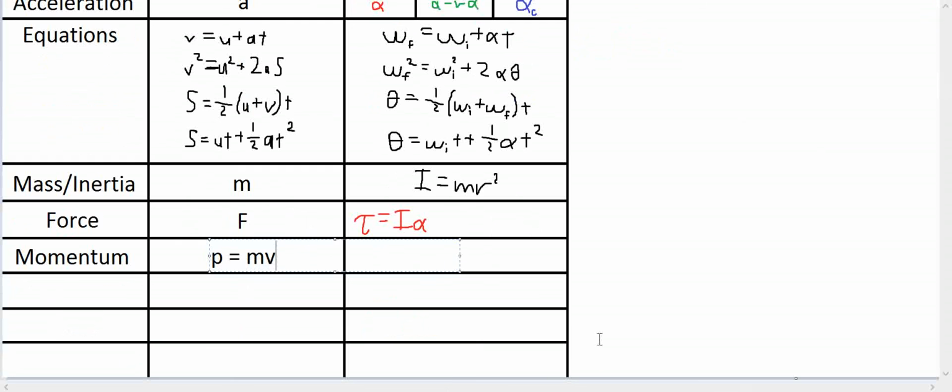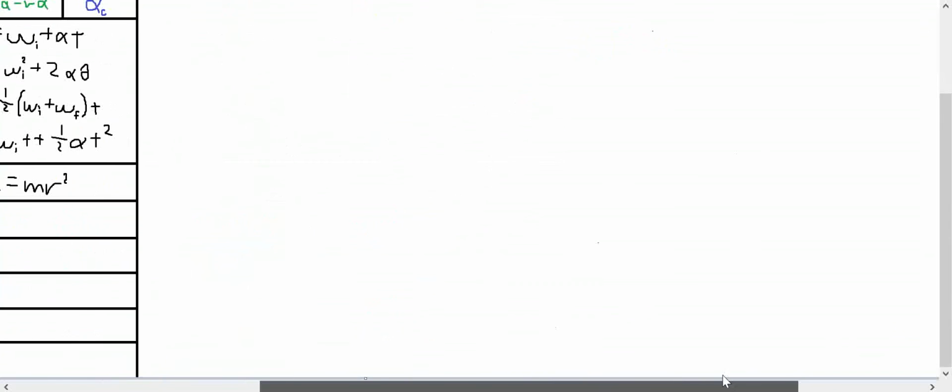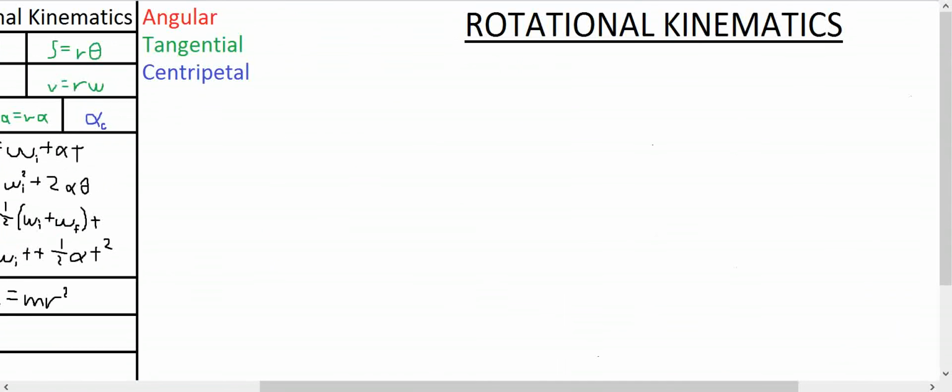But there's something called angular momentum, and it is represented as a capital L. Just like how torque is directly proportional to alpha, angular momentum is directly proportional to omega.